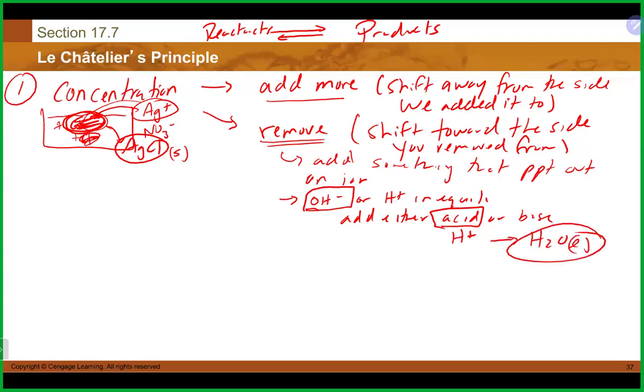And water is a pure liquid, and once again, water would not be included in the equilibrium. But what that would essentially do is take out the hydroxide in that reaction. So those are two very common ways you could remove something from an equilibrium: either add something that makes a solid, or add some acid or base when you have OH minus or H plus in there to make water, and that'll essentially remove it.